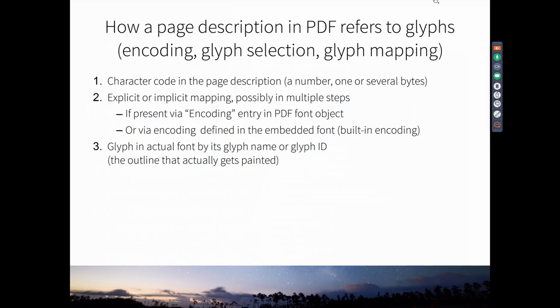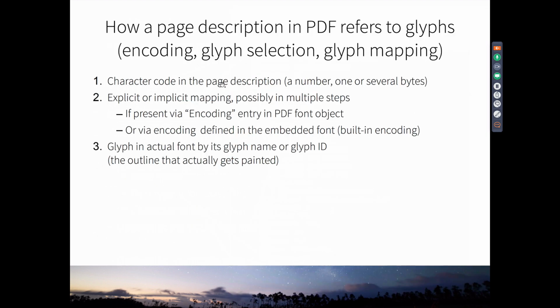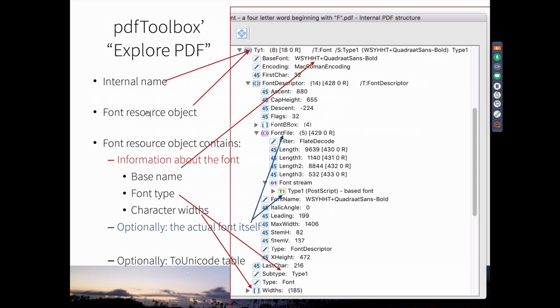So you have a tool, if you use pdfToolbox, that allows you to have a look at the PDF structures here, and there you can see the internal name, the font resource object, and then the information, the base name here, Quadrat Sans Bold in this case, the font type, Type 1, the character width at the bottom, and then here, font file, that is the actual font. And in this case, it's Type 1.